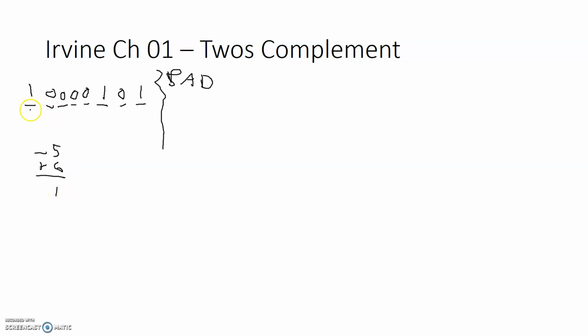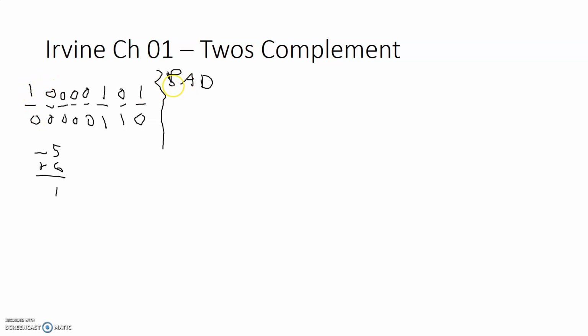Well, if this was our -5 and we tried to add 6 as positive, if we actually went through the addition, we would end up with a negative value, because we'd still have this 1 in the leftmost position.